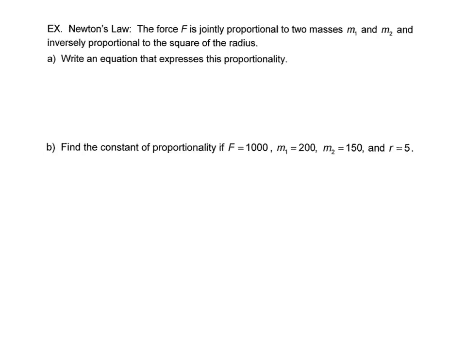So the way you would write that is the force is jointly proportional. So you have a k always, and then if it's jointly, then the variables are beside the k, m1, m2, inversely to the square of the radius. If it's inversely proportional, it's underneath the k. Square of the radius is r squared.